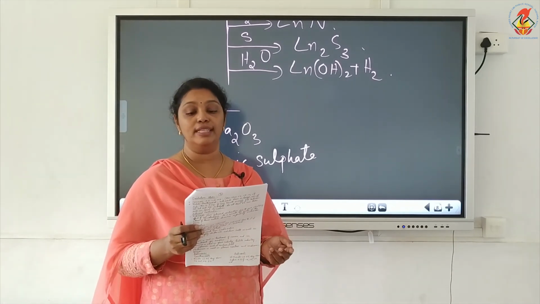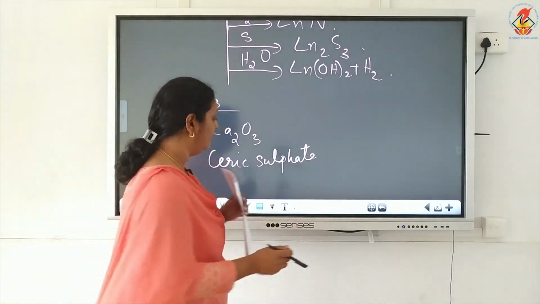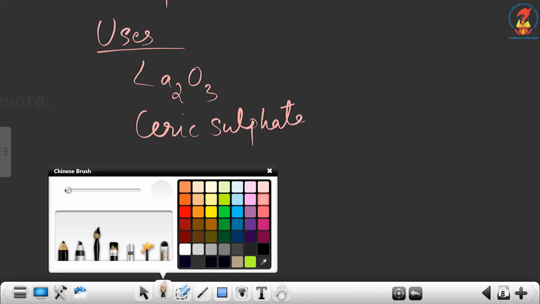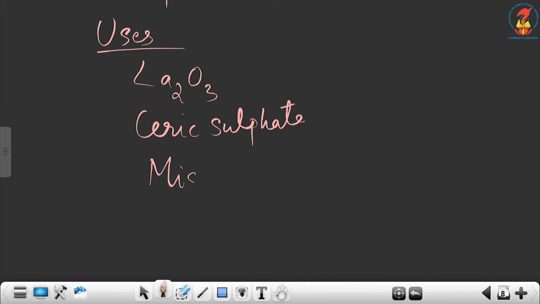Example for alloy is a magnesium based alloy called mish metal. So what is mish metal? And write its composition. This is asked for the board exam.